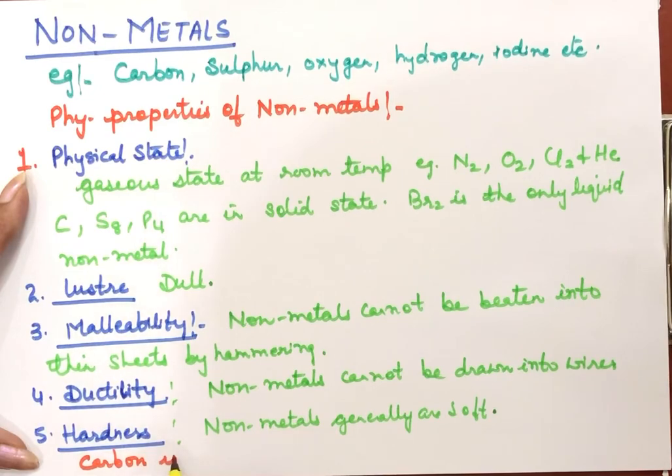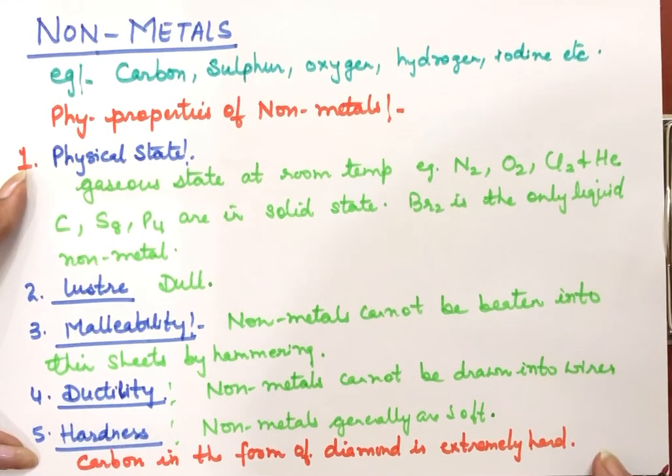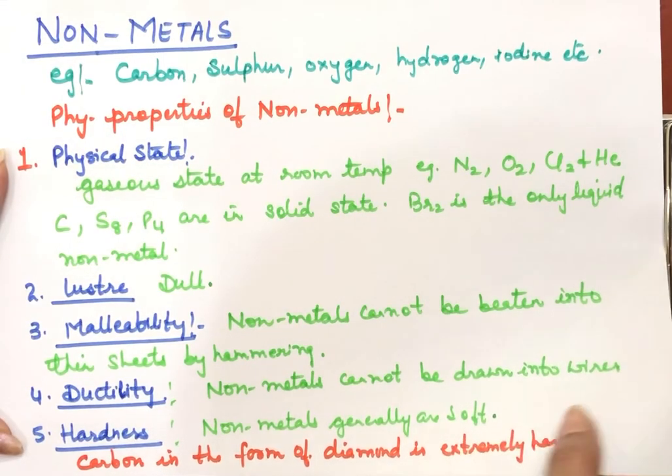Carbon in the form of diamond is an extremely hard substance. This is the hardest substance known in nature, the diamond. So one exception we have is that carbon, a non-metal, is extremely hard in nature.